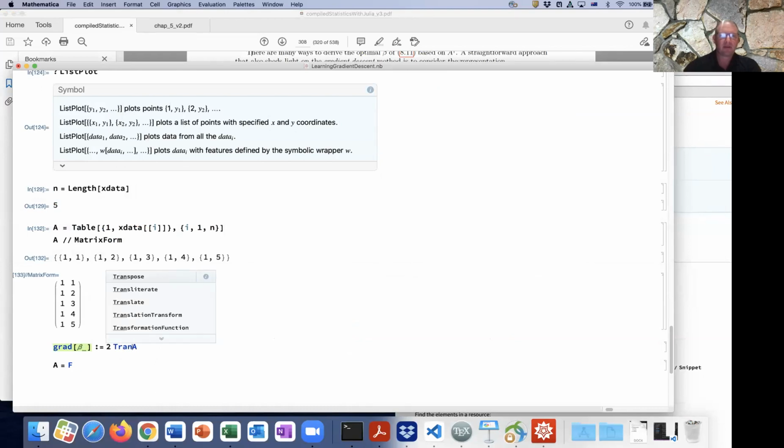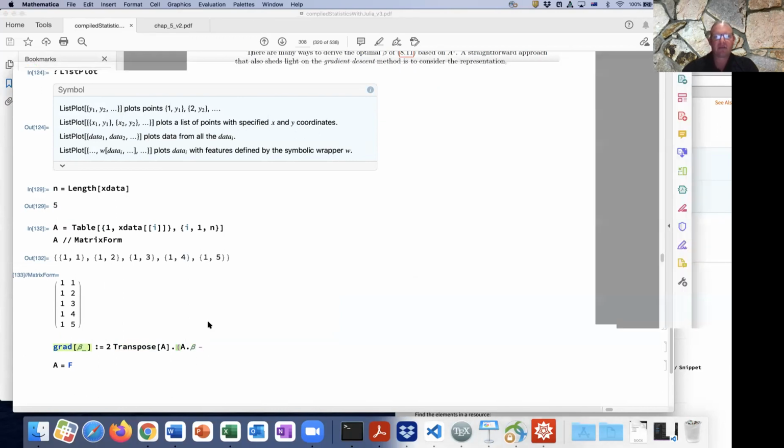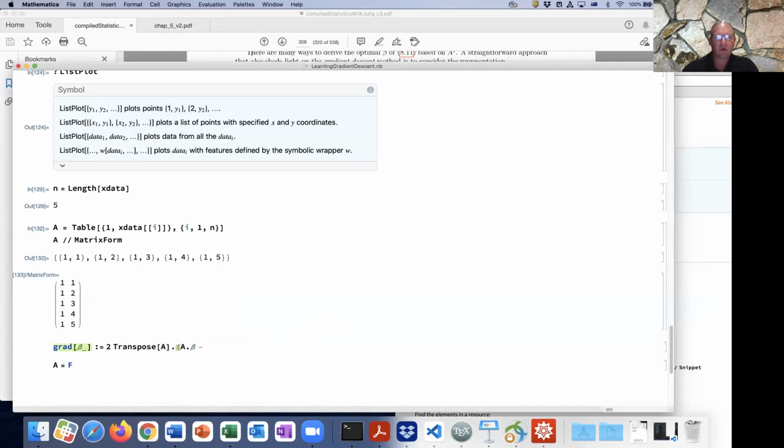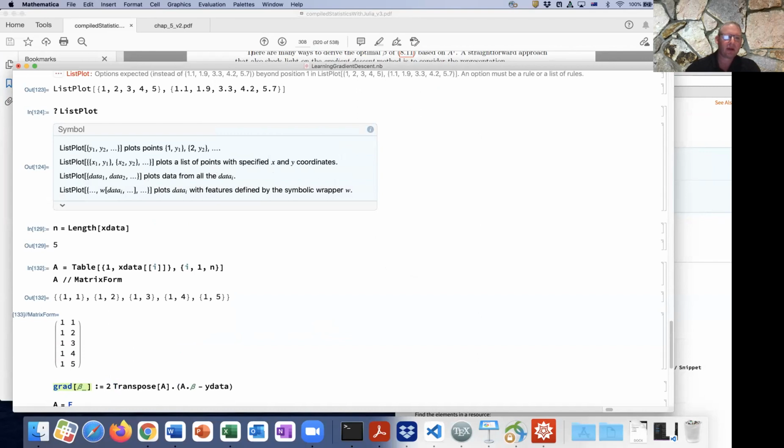So 2 times transpose of A. Now matrix multiplication, if you remember in Mathematica, you do a dot, times the matrix A times beta minus the Y. And the Y is our Y data. Okay. Will this work? I hope it will.